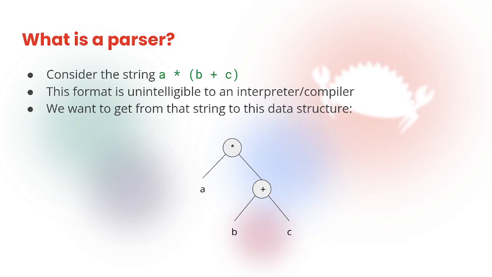That's why you see here in this tree, the addition operation is the deepest node over here. If you get it into this data structure, it's much easier for a compiler or an interpreter to just execute these nodes and then spit out the results instead of trying to parse a string. So this is a basic application of a parser.